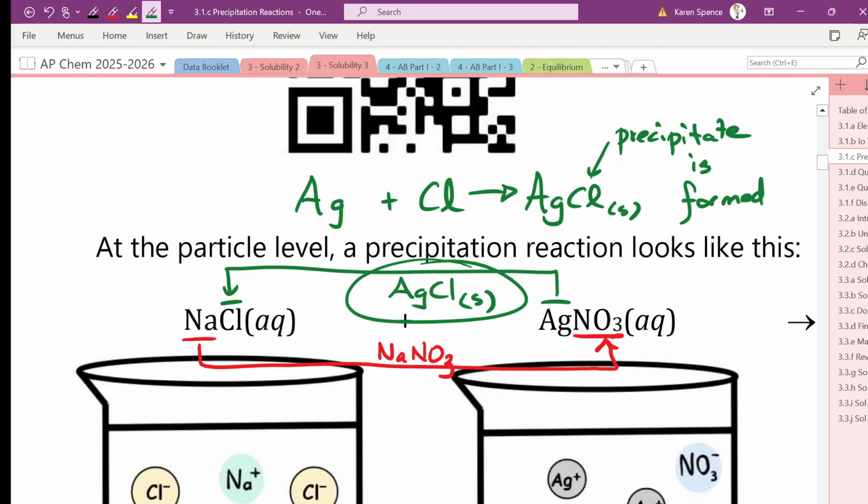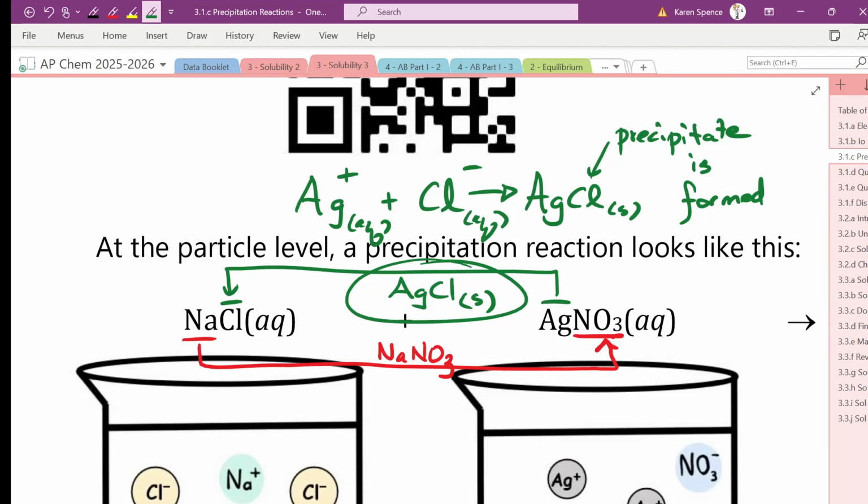Okay? And that's it. Except that it's not. You're absolutely right. It's not. What's wrong? Charges, states. Okay, so if you know who the precipitate is, you can just chuck your ions together and get that.